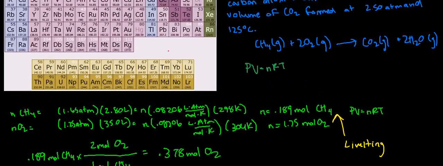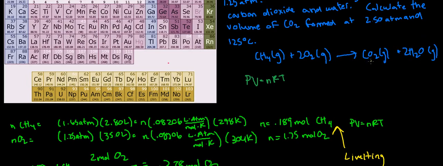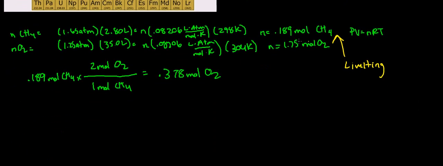So now that I know that this is limiting, I'll go back to my original equation. I'm looking for carbon dioxide. 1 mole of CH4 gives 1 mole of carbon dioxide for products. So that means I'm going to have 0.189 moles of carbon dioxide.